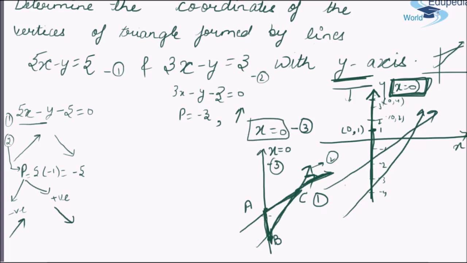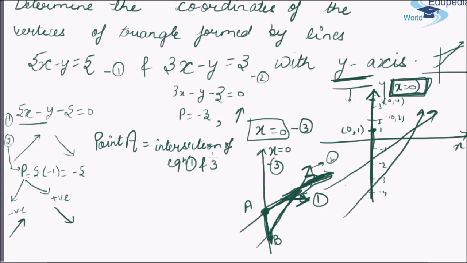Now, the point A is nothing but intersection of equation 1 and equation 3. Or A is the solution of pair 5x minus y equals 5 and x equal to 0.